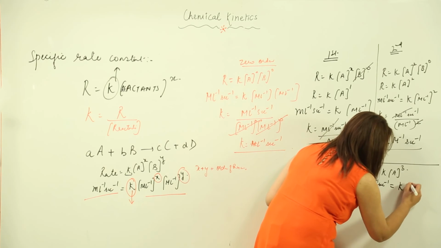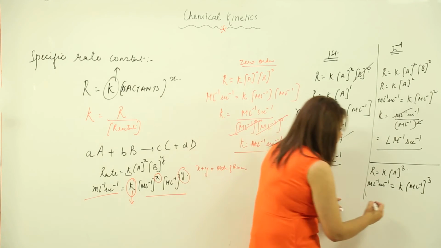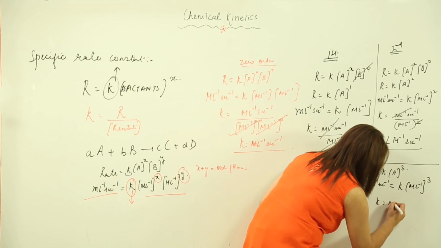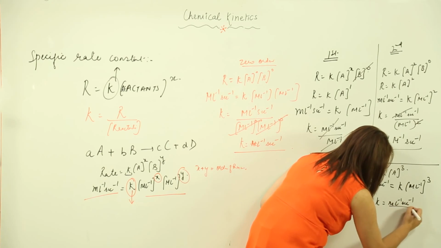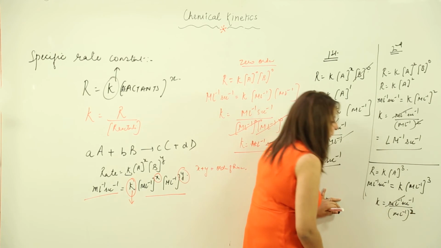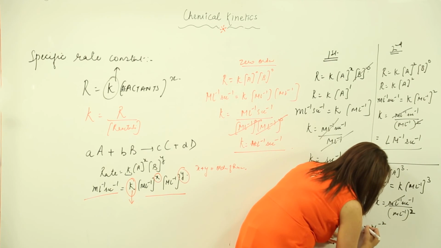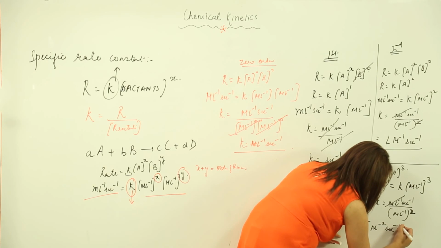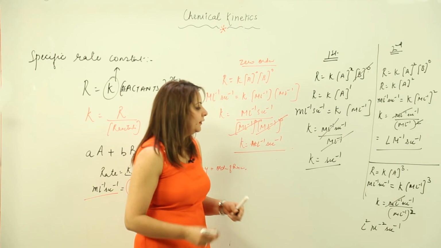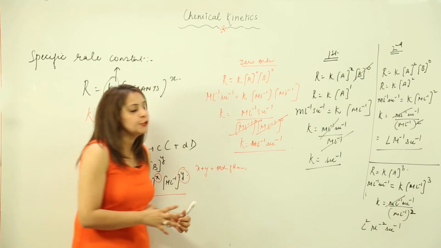Now K we have to find, and this is moles per liter three times. When you solve it, you can write that it is liter squared per mole squared per second. So this is how you are going to find the units.